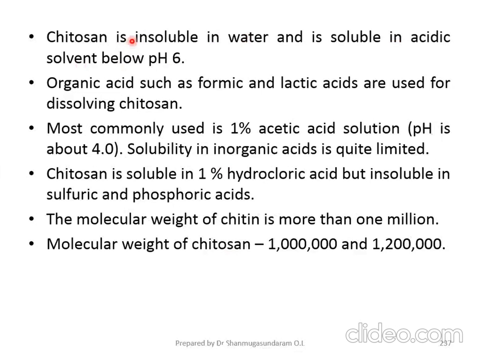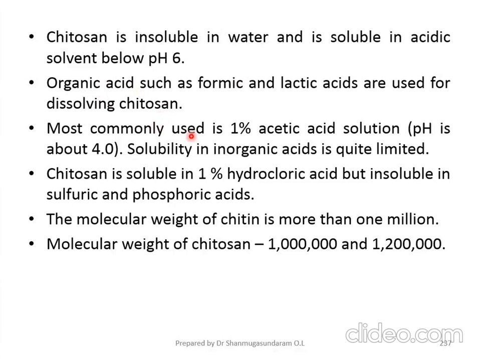Organic acids such as formic acid and lactic acid are used for dissolving chitosan polymer or chitosan filament. Okay, so what type of solvent do you have to use? Organic acids such as formic acid and lactic acid are used for dissolution of chitosan.